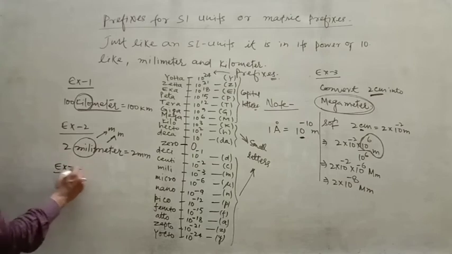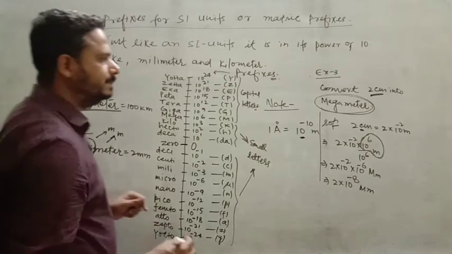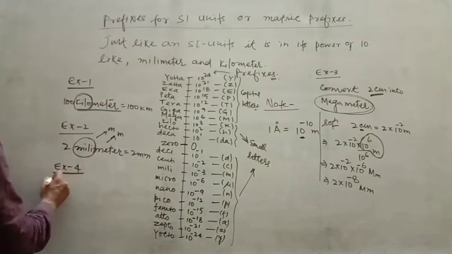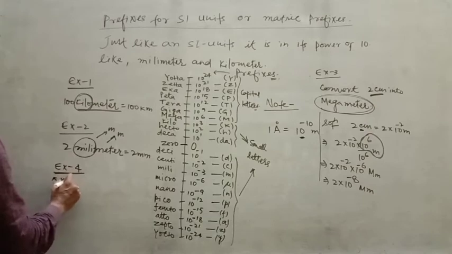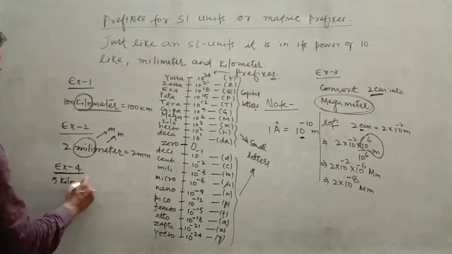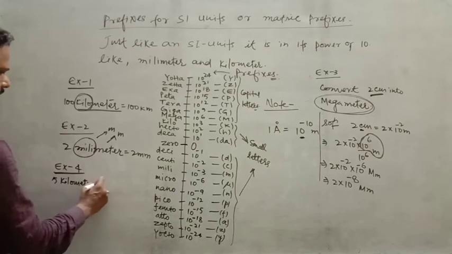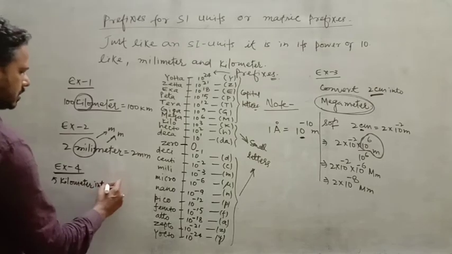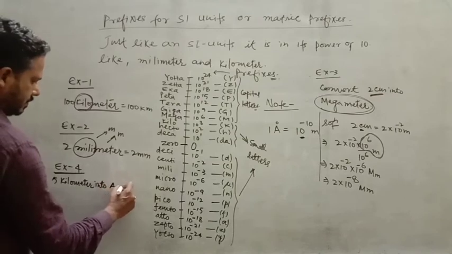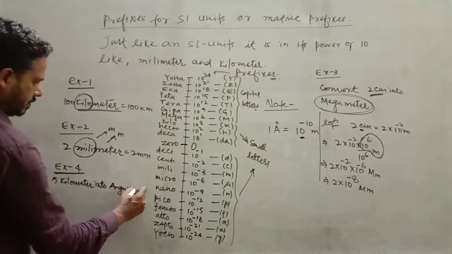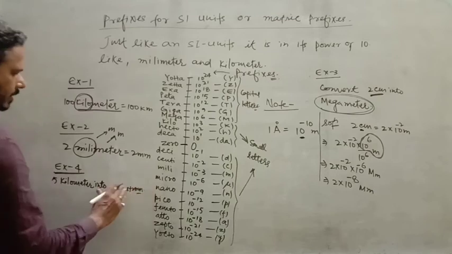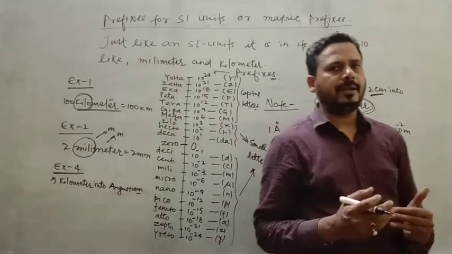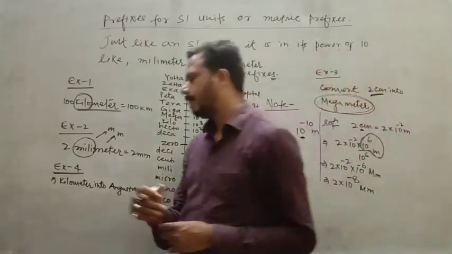If someone wants to convert, suppose, 5 kilometer into angstrom. Angstrom is 10 raised to minus 10 meter. Okay, so you have to convert this one.